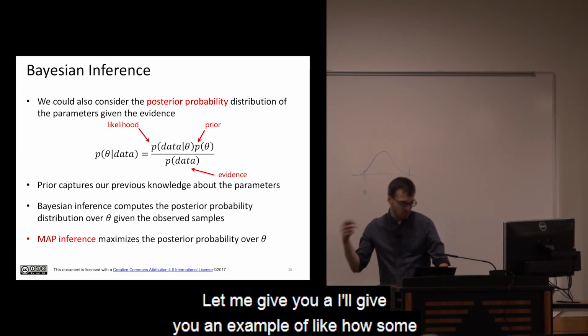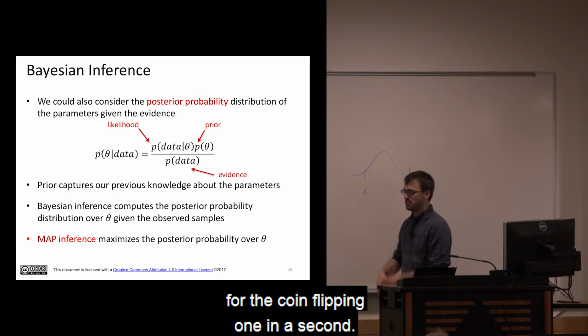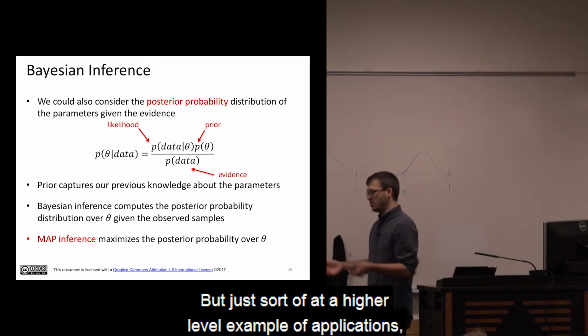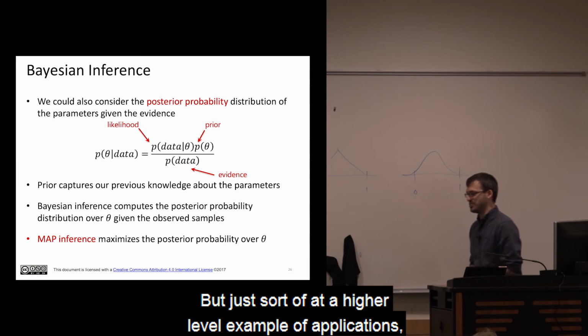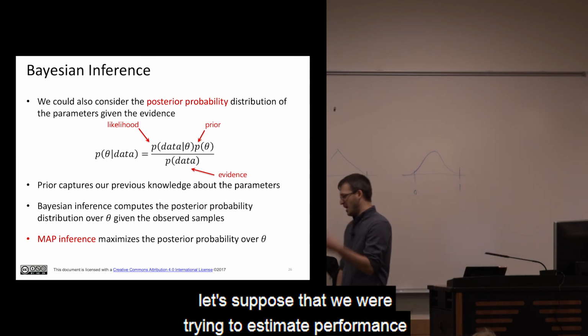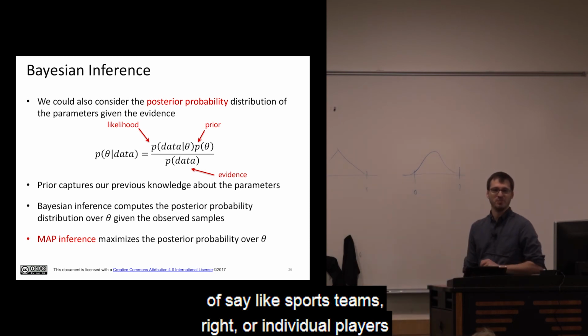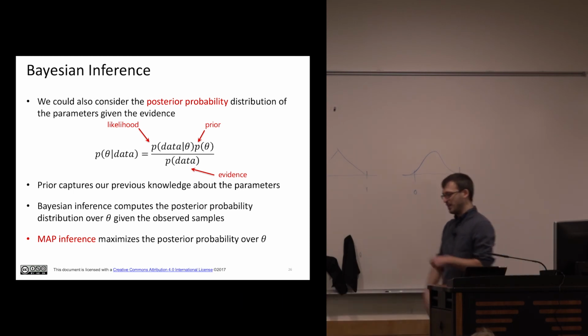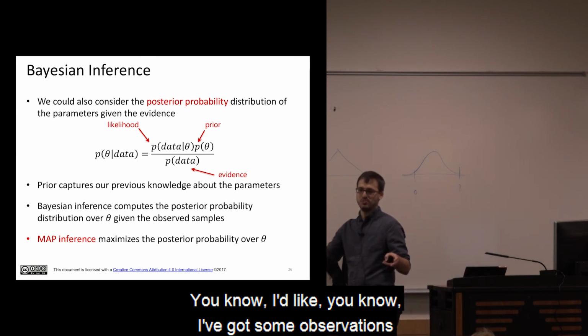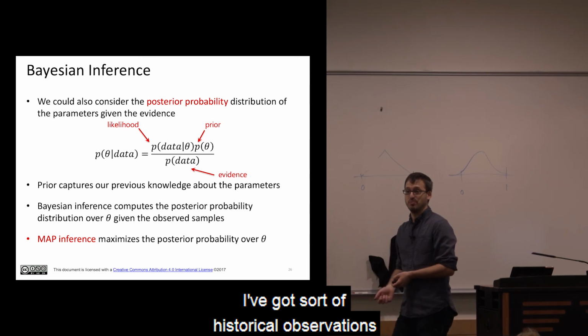Let me give you an example of how it's done for the coin flipping one in a second, but just at a higher level, an example of applications. Let's suppose that we were trying to estimate performance of, say, sports teams, or individual players on a baseball team. I've got some observations about how they're performing this year. I've got historical observations of how they performed in past years.